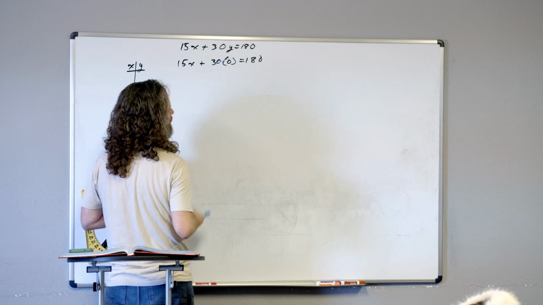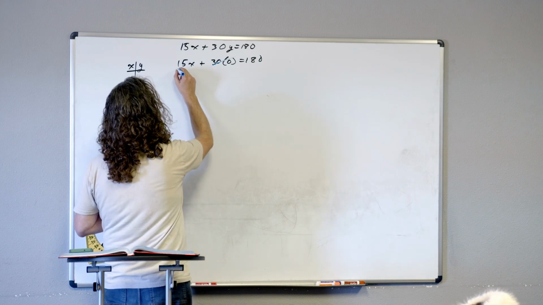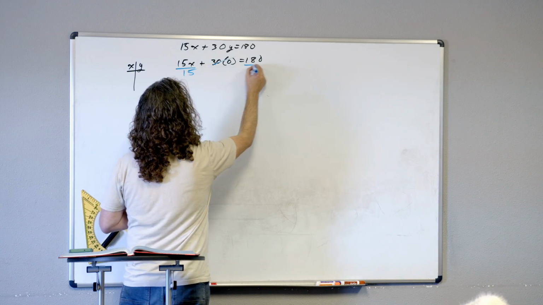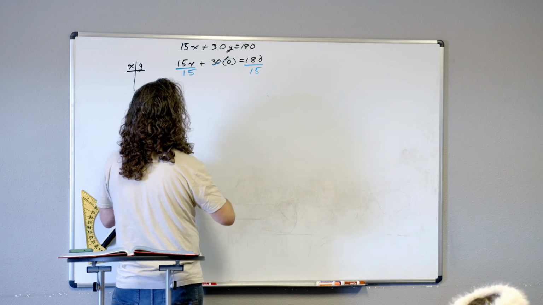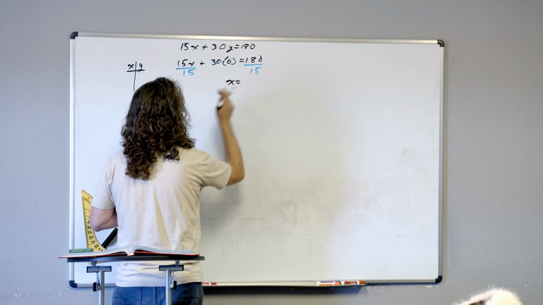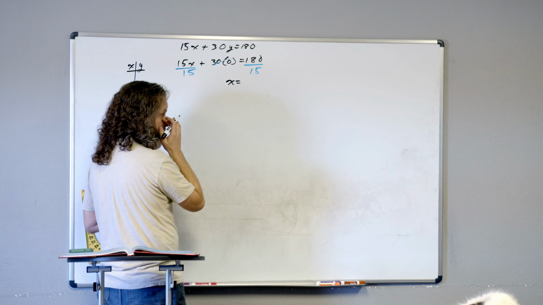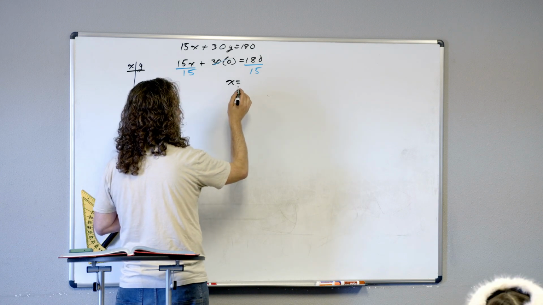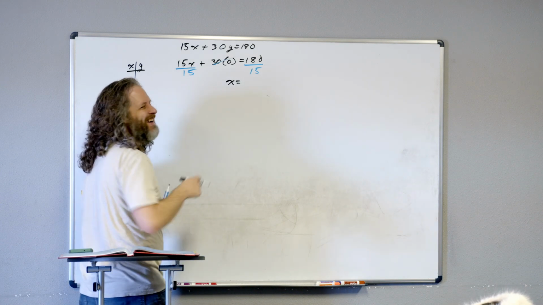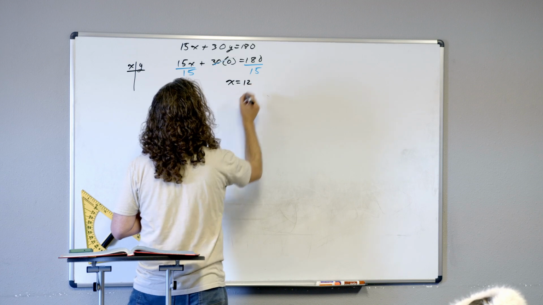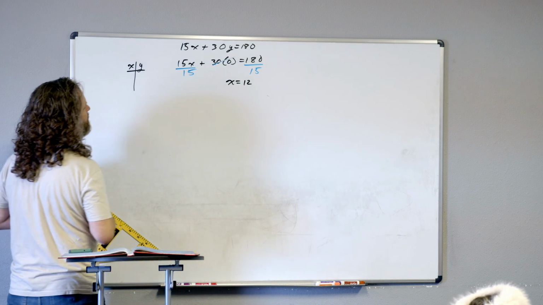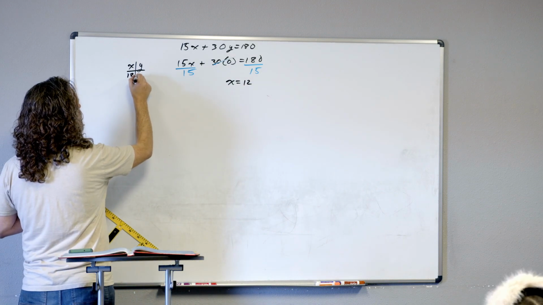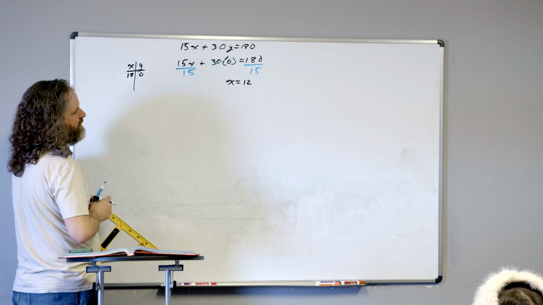What do I do with the 15? What's 180 divided by 15? So 12, 0 is the x-intercept.